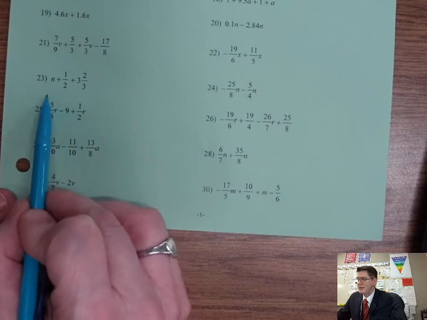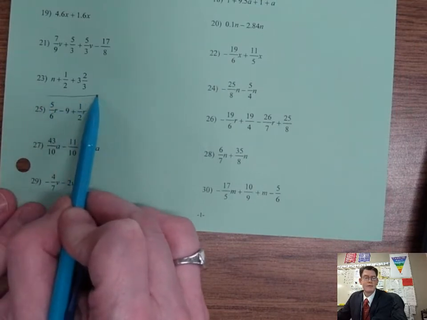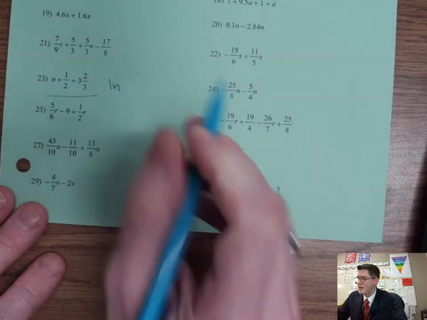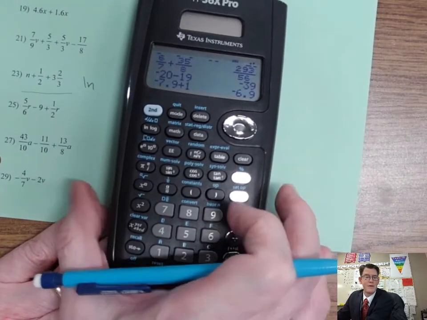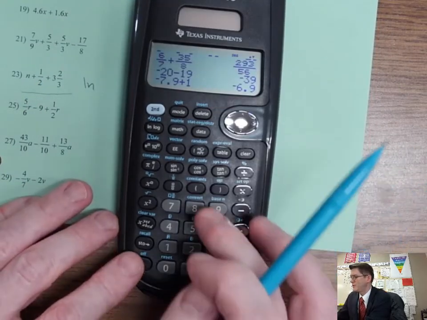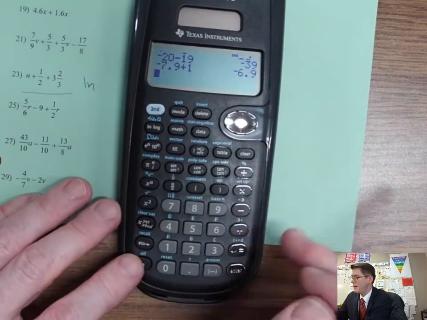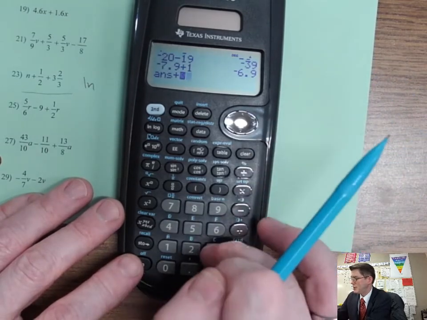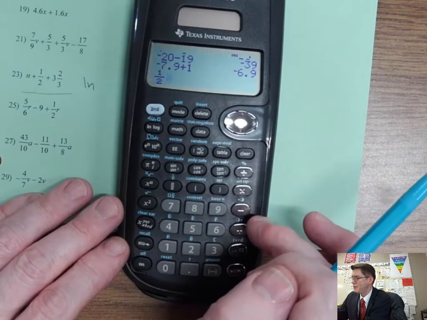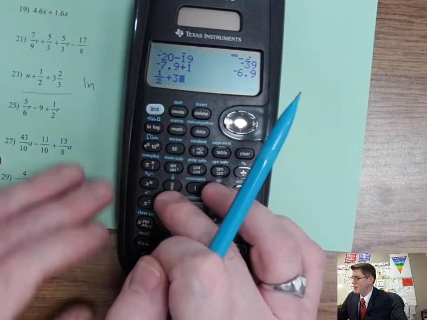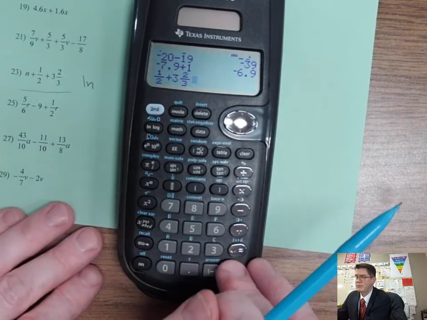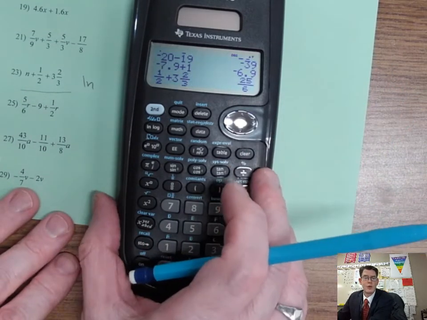It's the same concept whether we're working with integers or decimals or fractions. Let's say this one right here, number 23. I've got an n and there's no other n, so there's one n. You can write it or not. Then we're just adding 1/2 plus 3 2/3, which is 25/6.